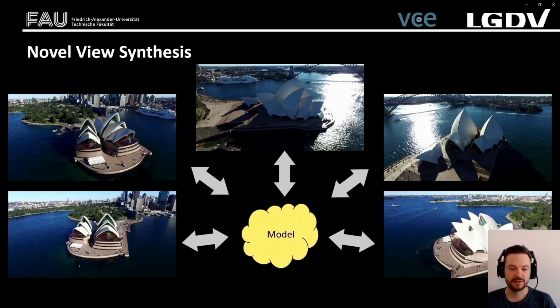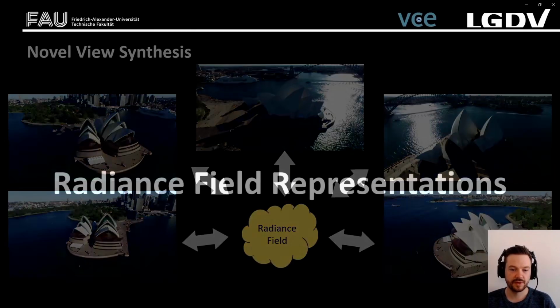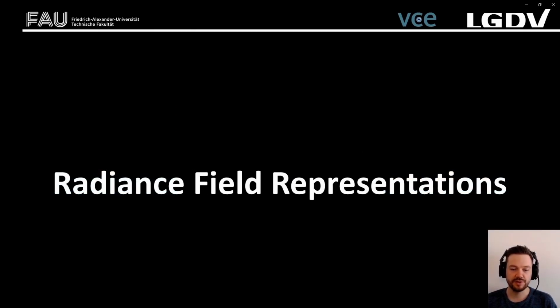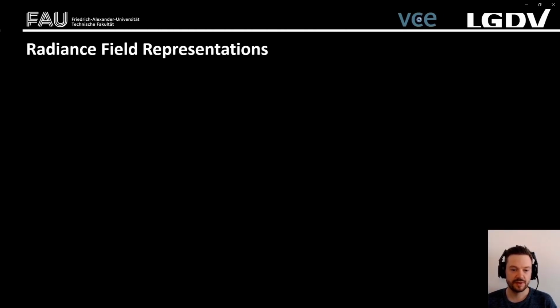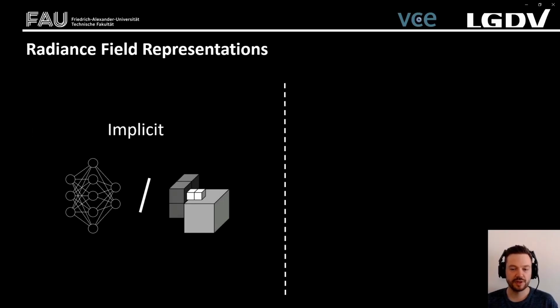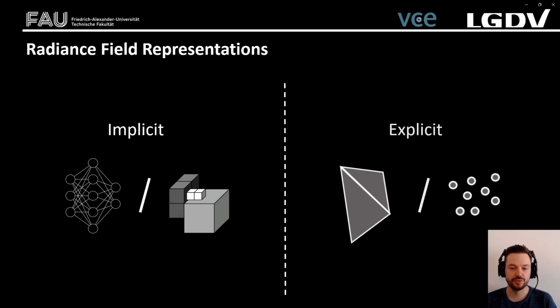So looking again at this overview, we need to choose our model or our radiance field very carefully to allow for VR rendering. So what are some common radiance field representations? First of all, we can split that into essentially 2 directions, where we have implicit models, which are mostly MLPs or voxel grids, and we have explicit representations, which can be triangle grids or point clouds.